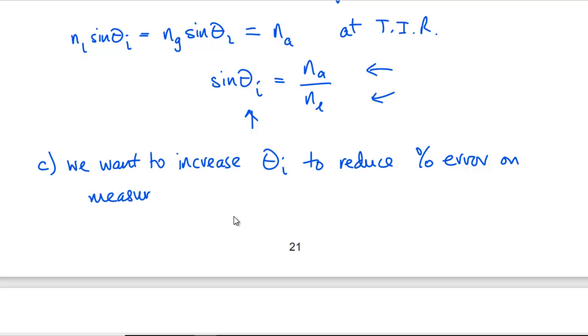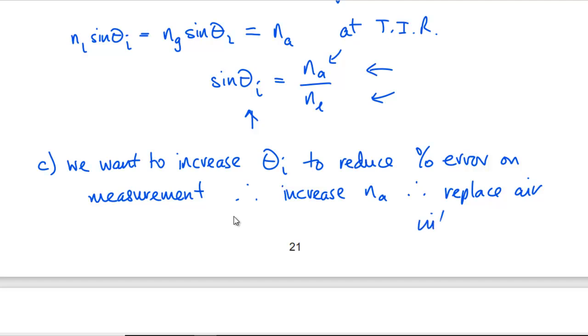So if we want to increase that, then therefore we want to get a higher NA. We want to make this bigger. So therefore, we want to increase NA, therefore replace air with something which has got a higher refractive index. So maybe with gas of higher refractive index.